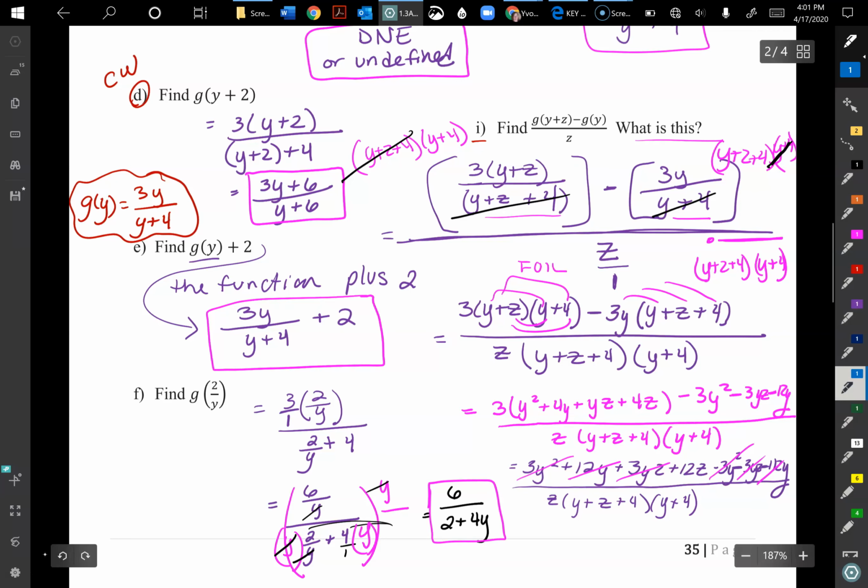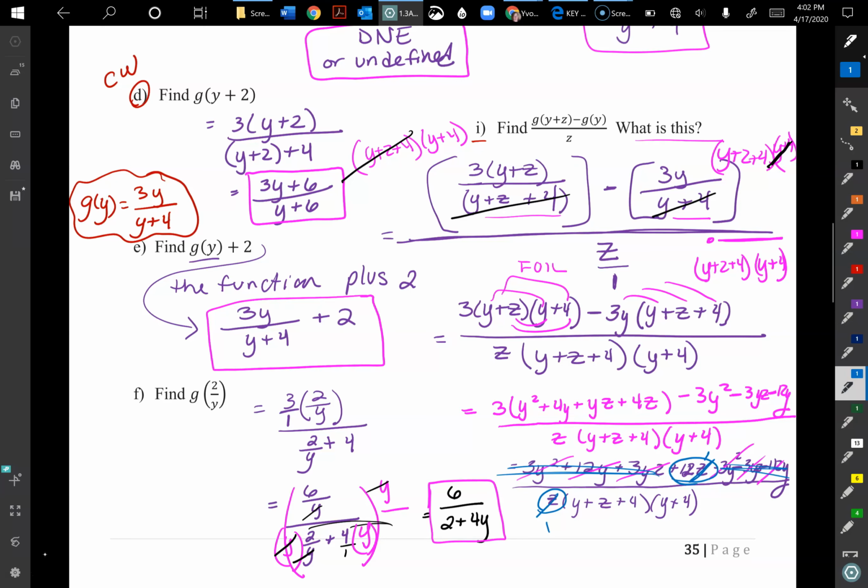So all I'm left with in the numerator is 12z. And then in the denominator, I have a z. So I can actually reduce those z's to 1 because now I'm just left with none of this. That's all gone, right?